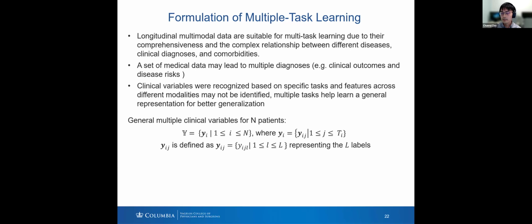Second, a single set of medical data can lead to multiple diagnoses, such as clinical outcomes and disease risks. Third, clinical variables are recognized based on specific tasks. Multiple tasks help learn a general representation for better generalization.